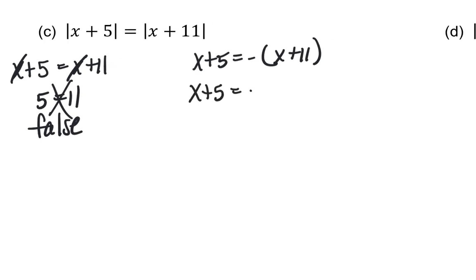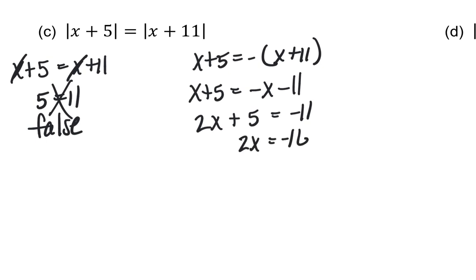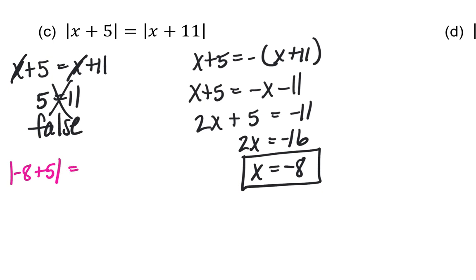X plus 5 equals negative x minus 11. Add x to both sides, I get 2x plus 5 equals negative 11. Subtract 5, and divide by 2. So I only have to check one answer because only one of them actually happened. Negative 8 plus 5 equals negative 8 plus 11.